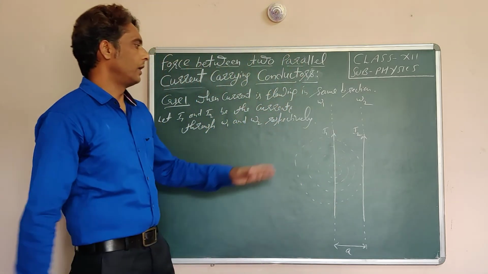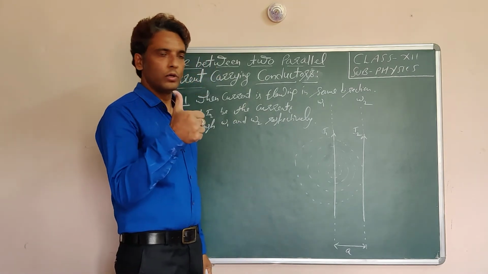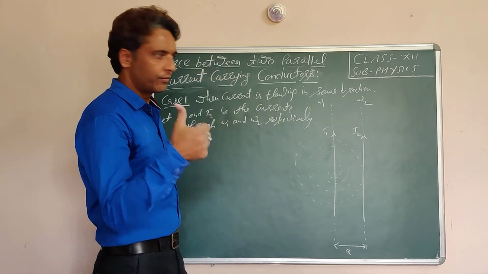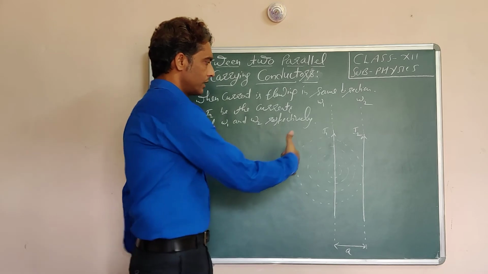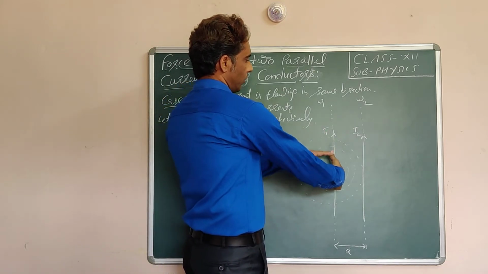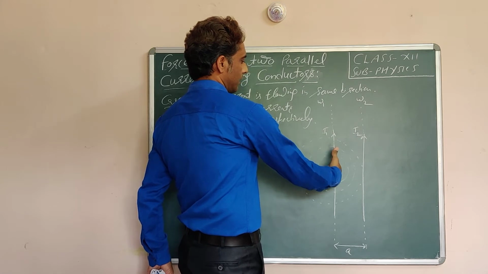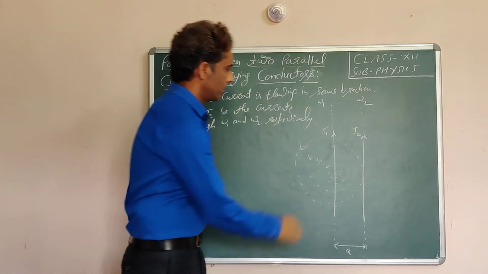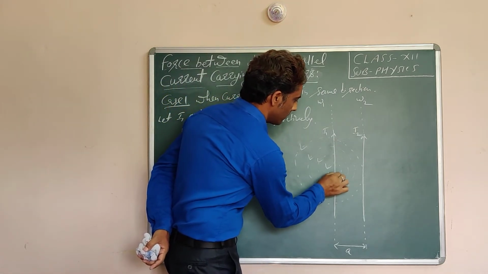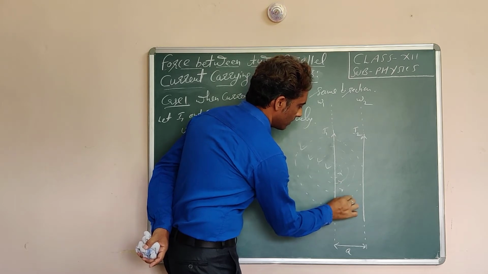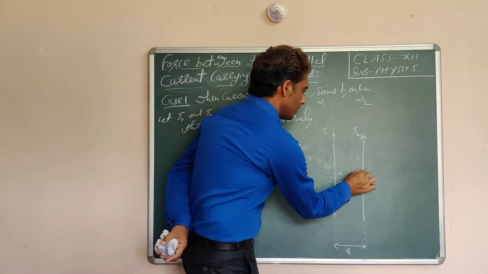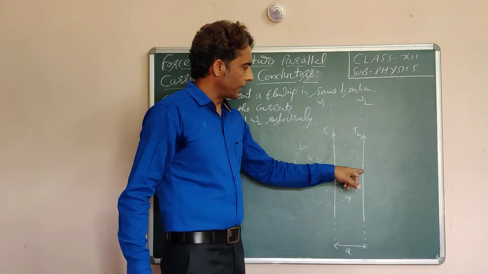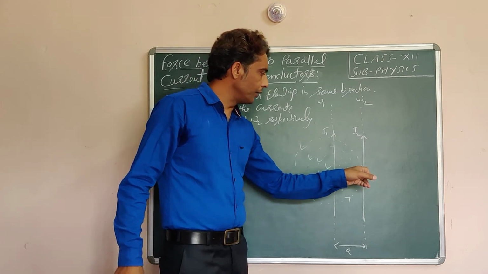So these are the magnetic field lines, and by right hand thumb rule, we can represent the direction of magnetic field lines as clockwise or anti-clockwise. So in this case, if I hold this current carrying conductor, then the arrow will be anti-clockwise. So if I consider this point, then by right hand thumb rule, the direction of magnetic field at this point will be inward.